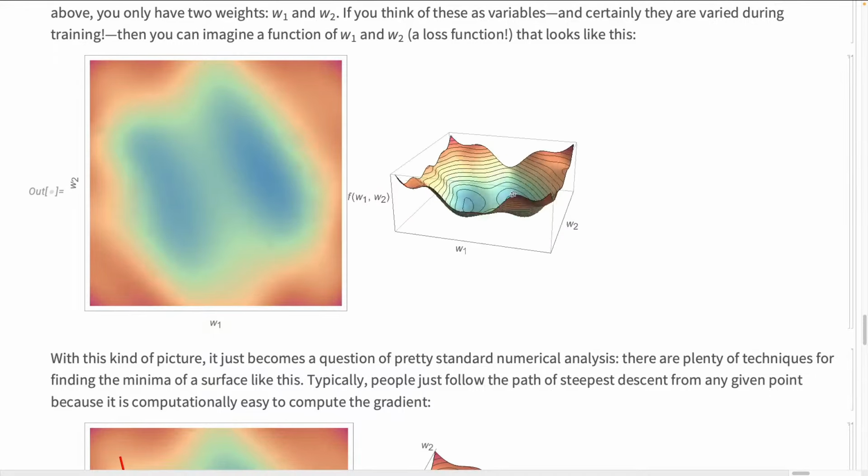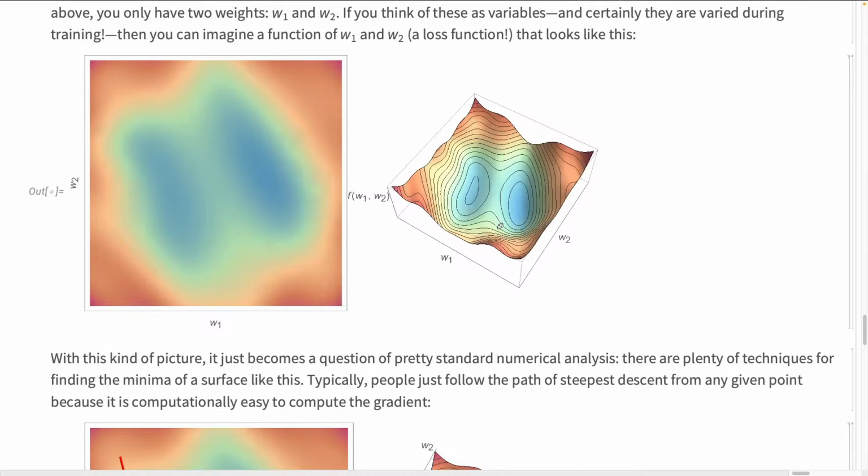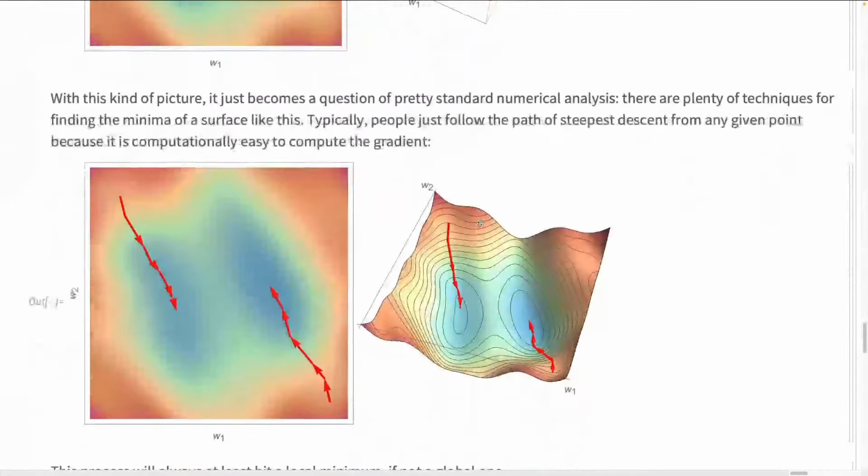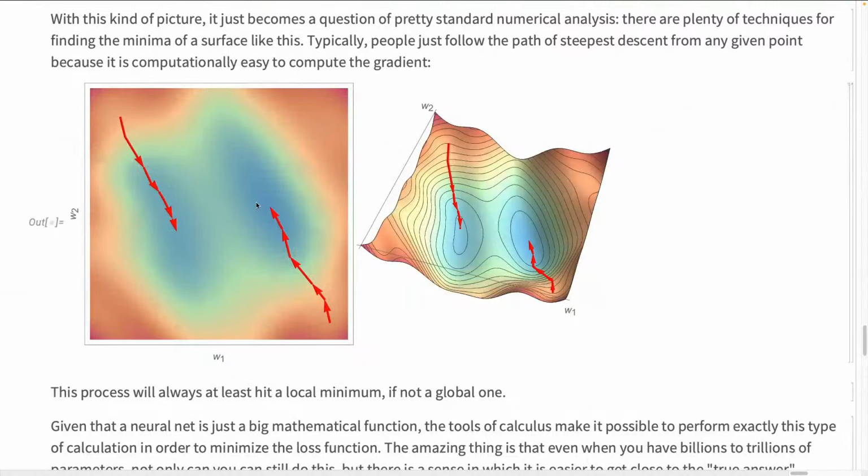If you have this kind of picture, and if you've had calculus, you might know that you can quickly find a way that points to the bottom. You can follow the path of steepest descent. So basically, the network has all these different weights. It knows that by changing the weights, it's going to change how far away it is from the ideal output.